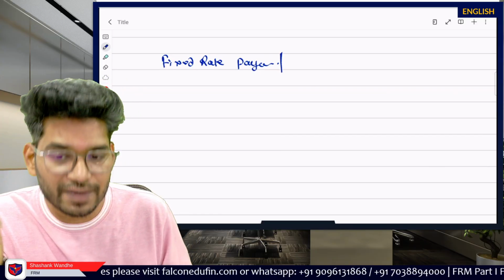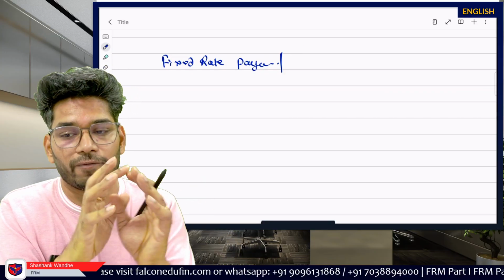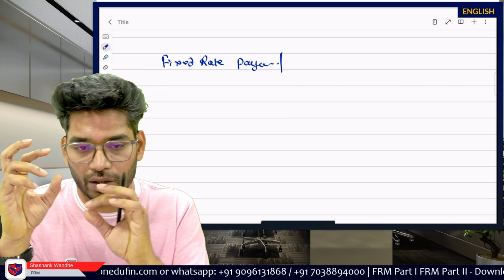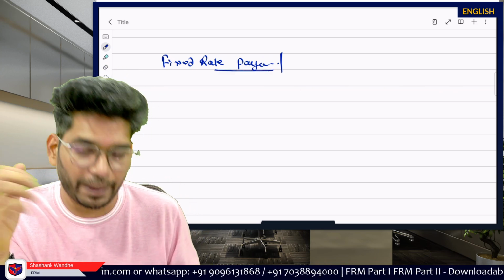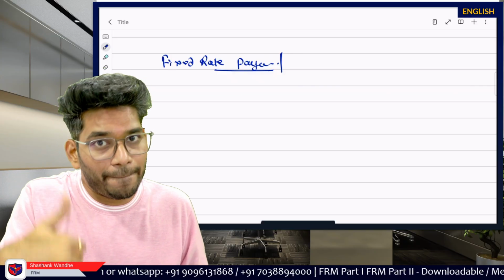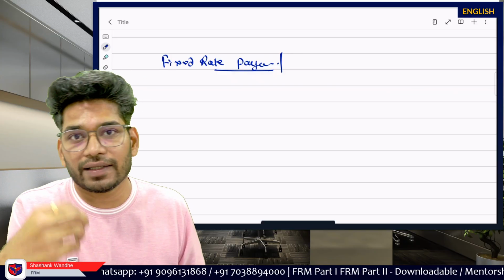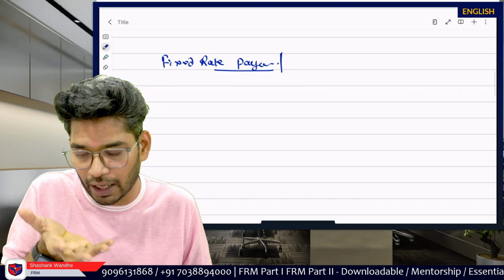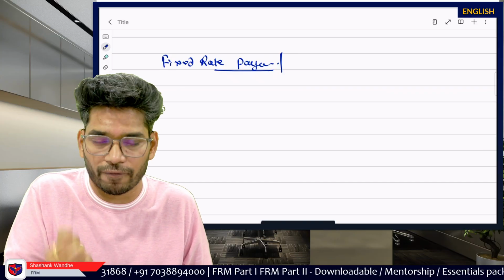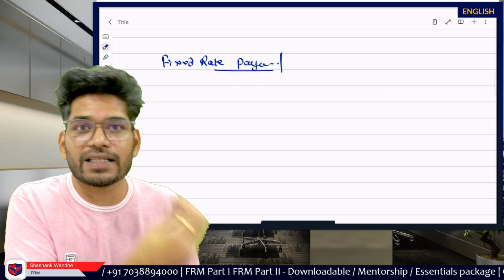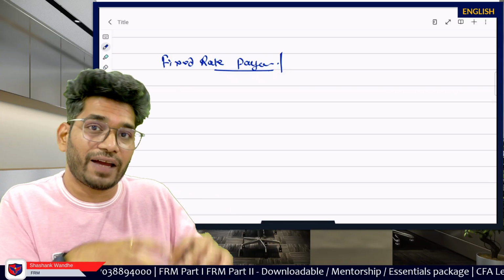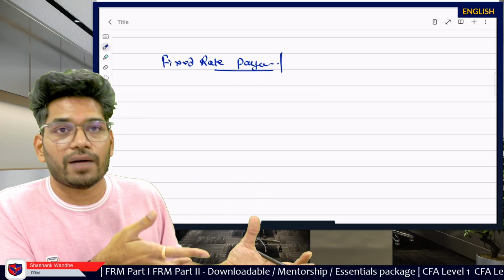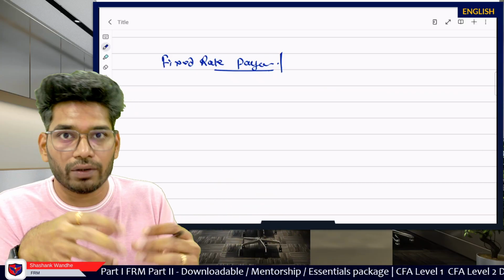And that's what happens in any swap. Whenever you see any swap, remember there are two bond positions. When you are the fixed rate payer, making the fixed payments, this is the situation where you have borrowed funds or issued a bond. And whenever you are receiving some rate, this means you have invested in it. Wherever you have invested, it becomes your asset; whenever you have borrowed, it becomes your liability.